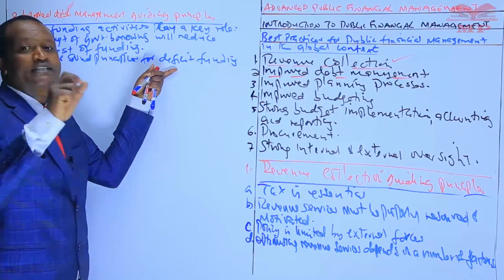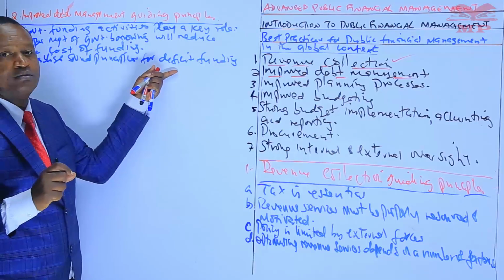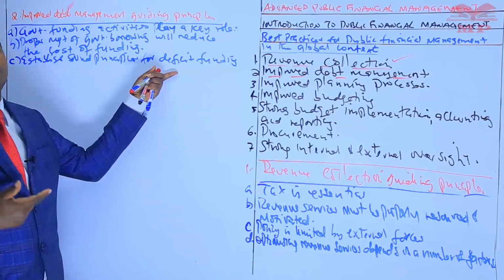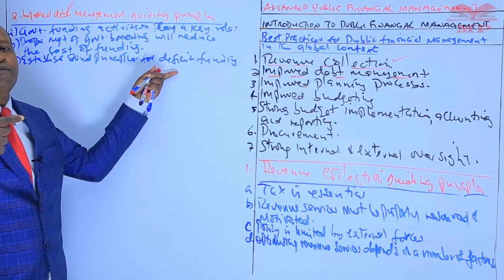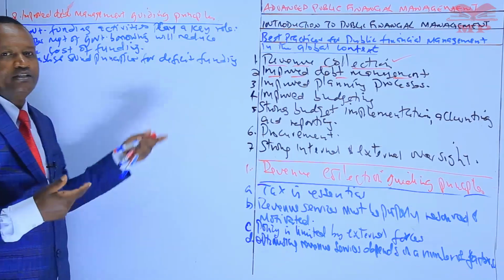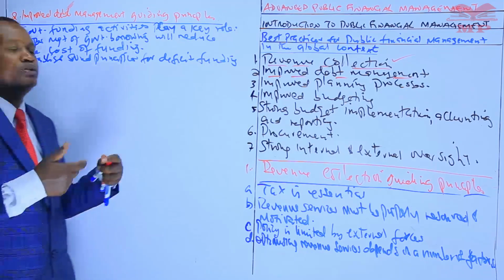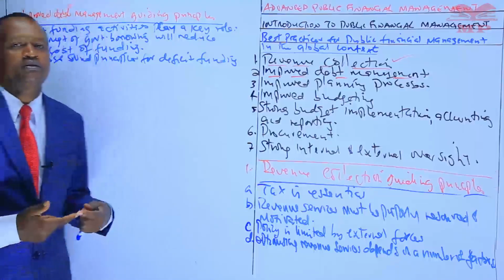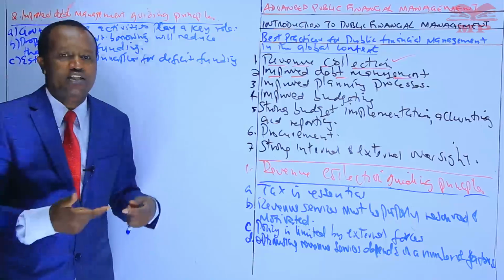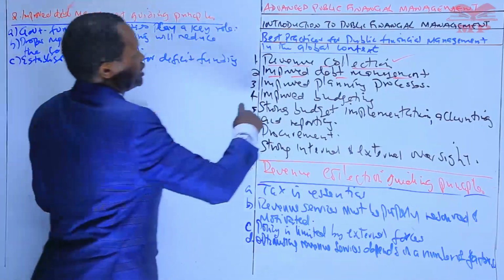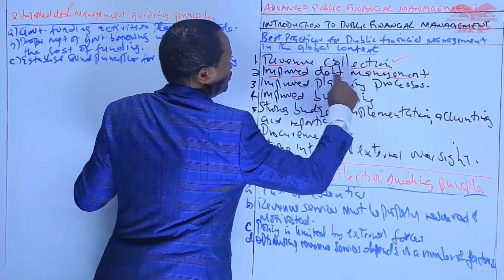I've outlined six, the last one being accumulation of arrears, which should be penalized, because that would mean overspending. So overspending should attract the same penalties. So those are the principles on improved debt management.